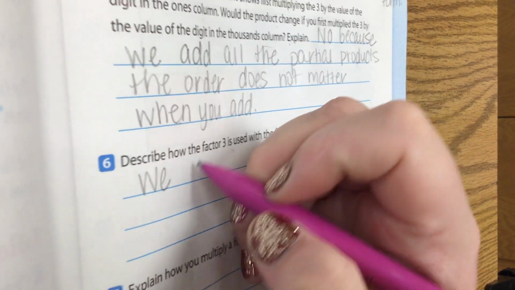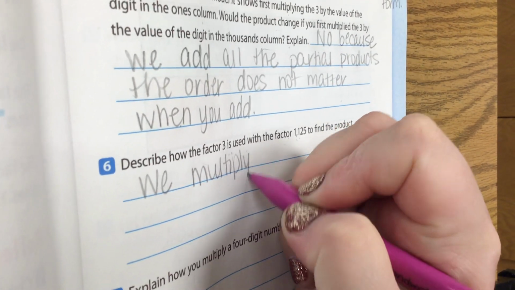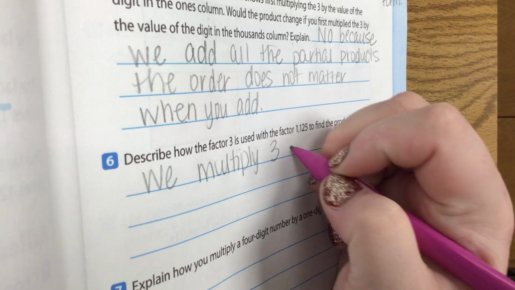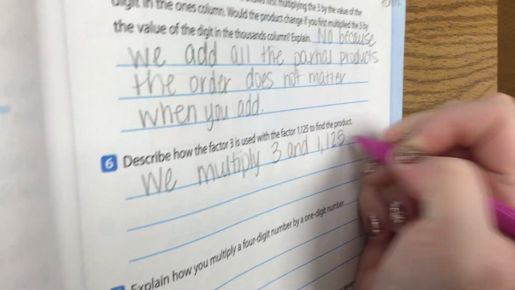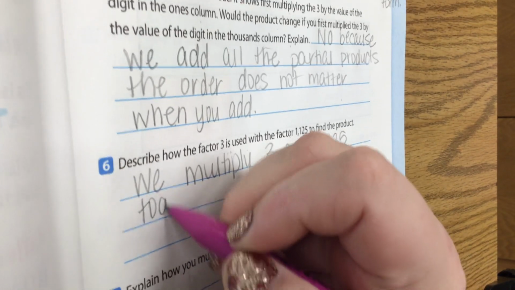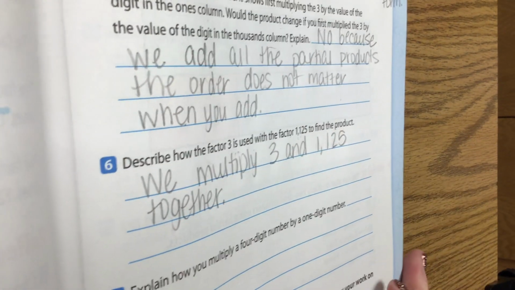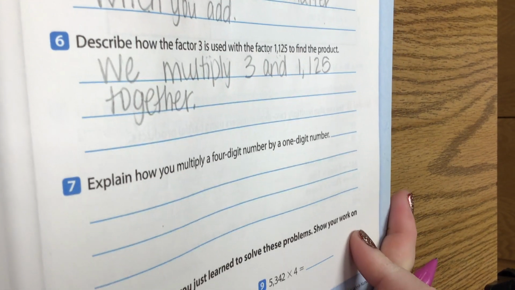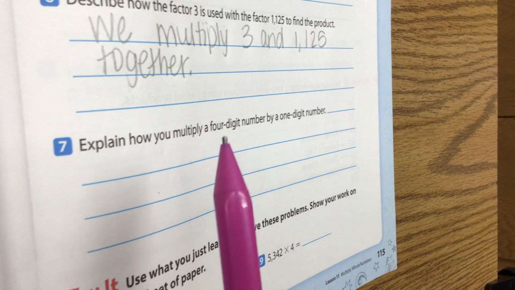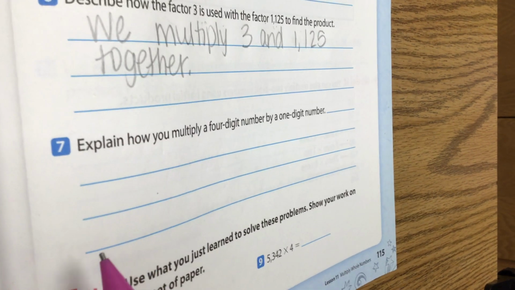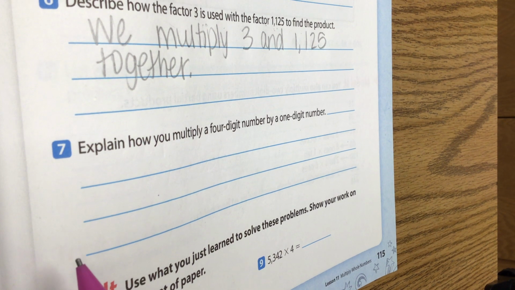We multiply 3 and 1,125 together. Remember, if you're trying to write this down in your book or on your piece of paper, just press pause if you need extra time to write.